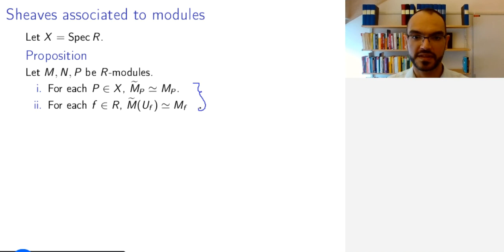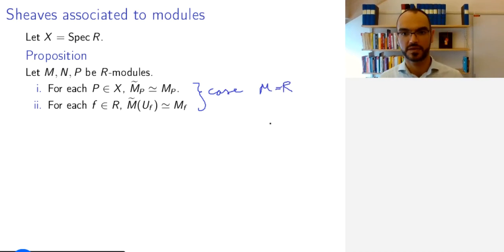The proof of these is verbatim analogous to the proof of the case M equals R that was hinted at when we defined the structure sheaf of a scheme.